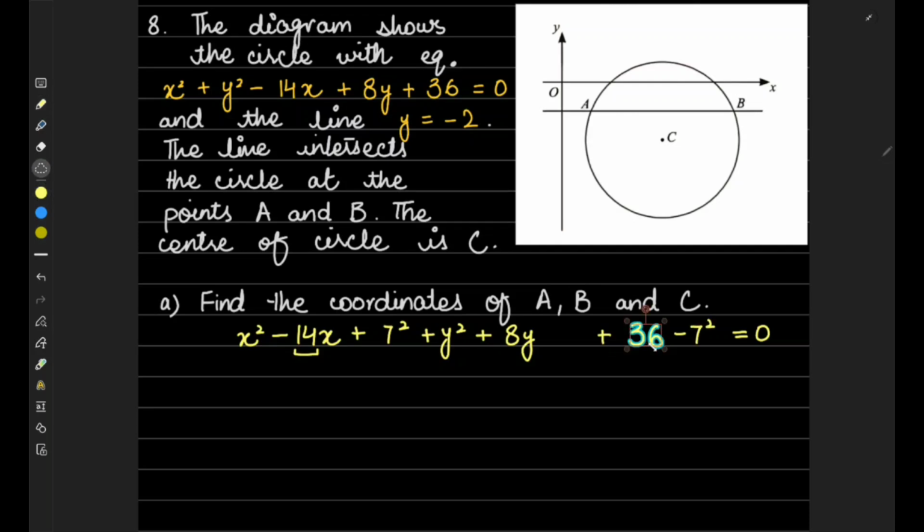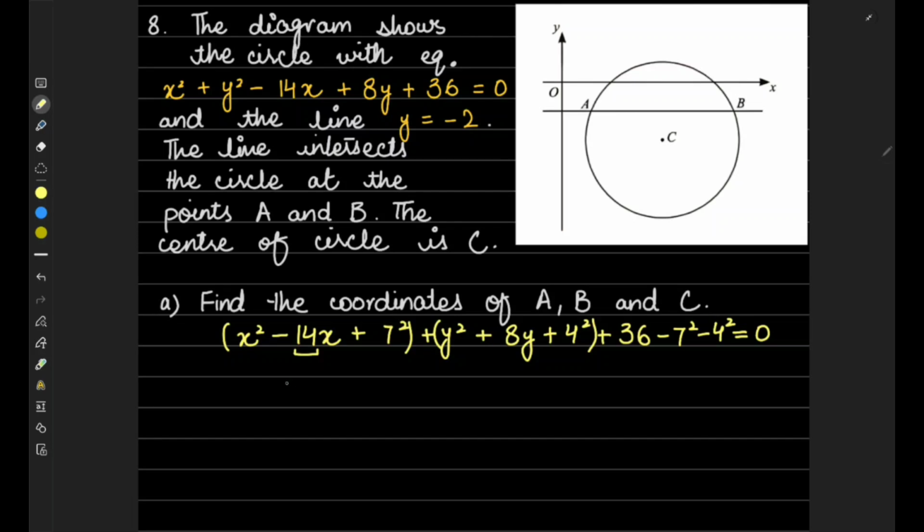Now y square plus 8y. What is the half of 8? 4. So we'll be adding and subtracting 4 square. Now make the brackets to show the complete square.